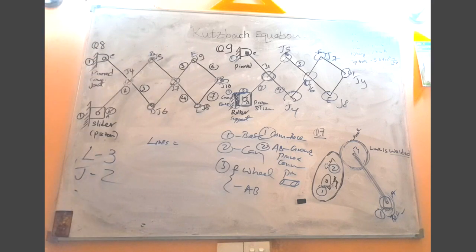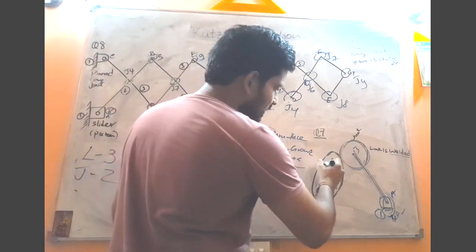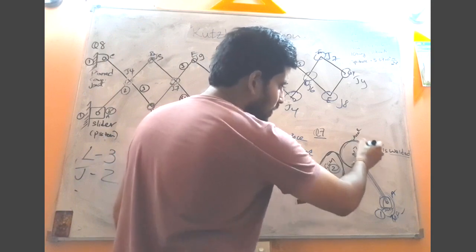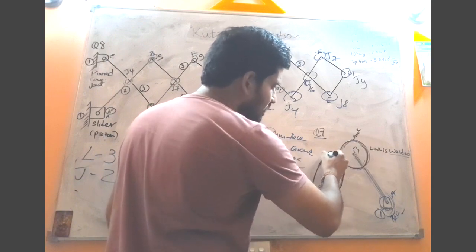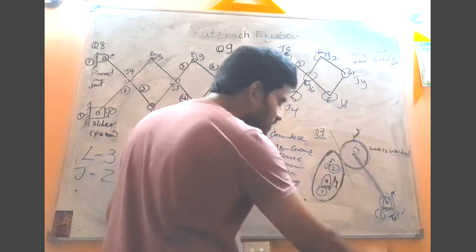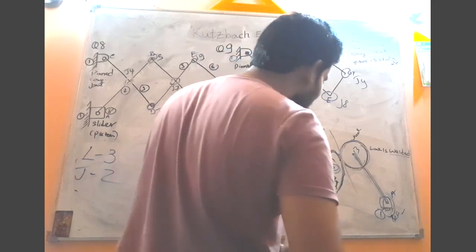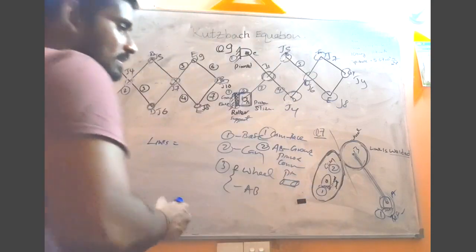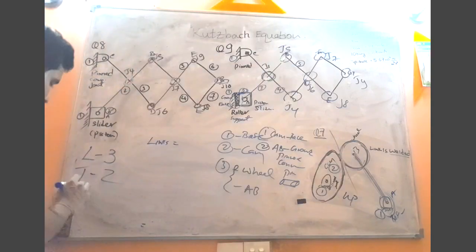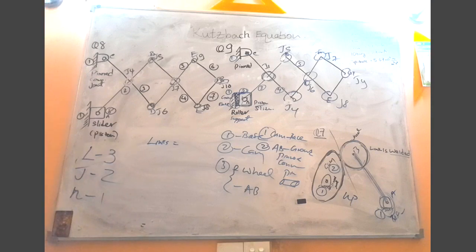Then what can you say about the interface between this cam and this wheel? Here you can see there is a line of contact, or a particular point of contact. So it is like a higher pair, HP. So there we have one higher pair, right?